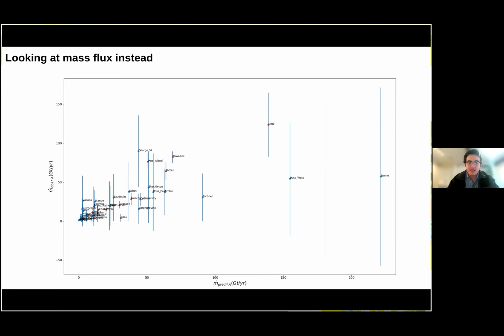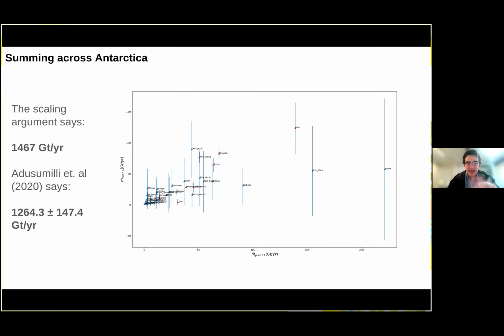And if we go through and add up every shelf to get the gigatons per year that the scaling argument predicts, we get about 1,467 gigatons per year. And Adusumilli et al. get 1,265 plus or minus 150. So yeah, we're just on the upper end of that estimate.